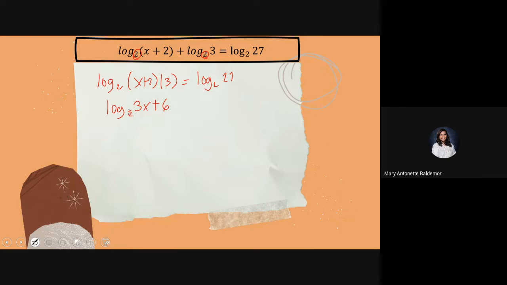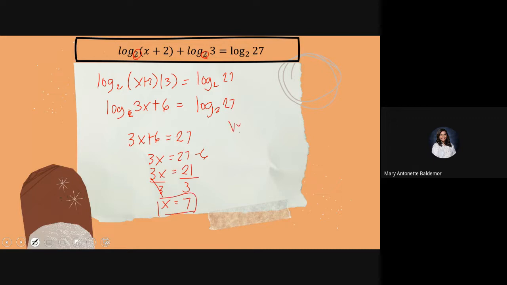So that is base 2. So this is equivalent to the logarithm of 27 with base 2. Now, since they already have the same base, we can now equate 3x plus 6 is equal to 27. For 3x, combine similar terms, so 27 minus 6. So 3x is equal to 21. Divide both sides by 3. So we have x is equal to 7.